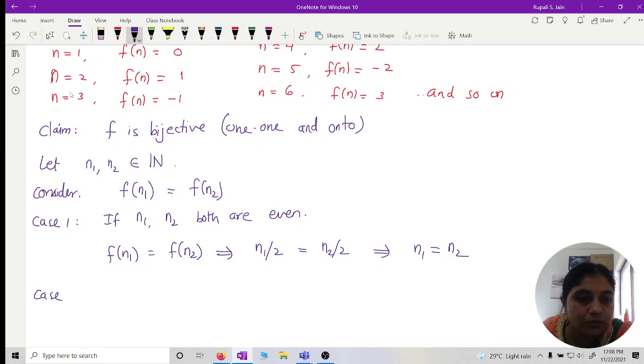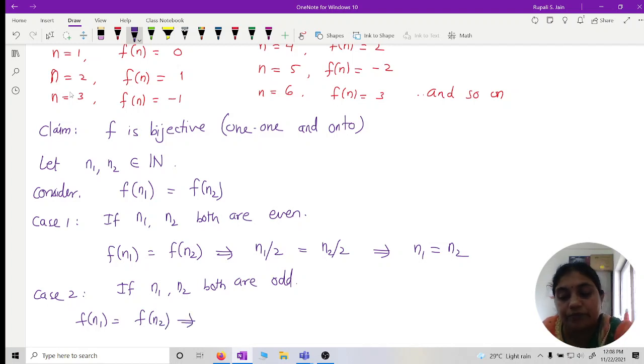What is case 2? If n1, n2 both are odd, then f of n1 is equal to f of n2 implies 1 minus n1 by 2 is equal to 1 minus n2 by 2, and this clearly gives me n1 is equal to n2, right?